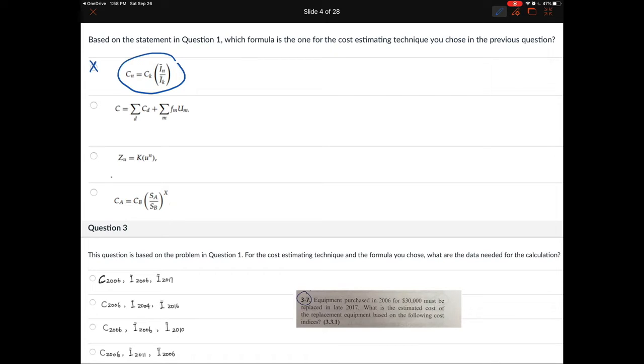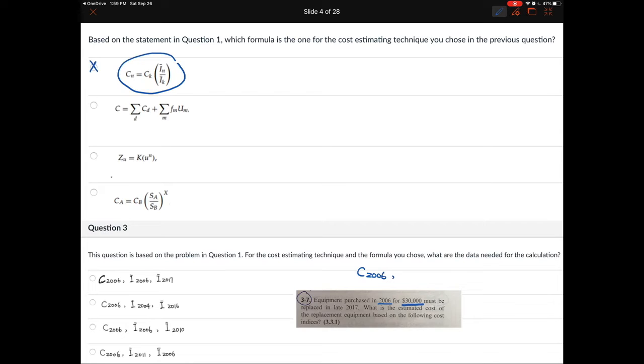So let's reread this statement. You know that 2006 is an earlier year, and the price for the equipment is 30,000. So you know the C in the year 2006. That's the first thing you know.